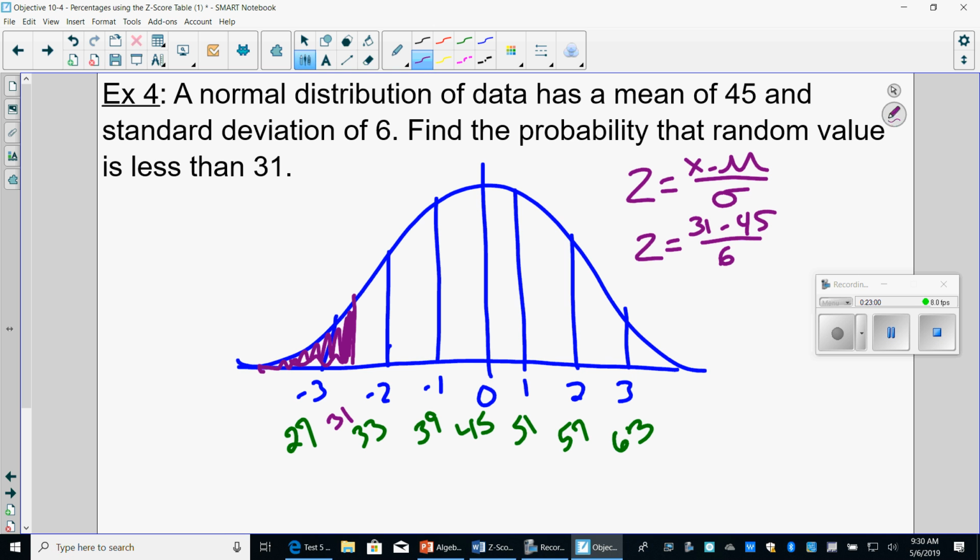So when we do that, what is your z-score rounded to the nearest hundredth? 31 minus 45 divided by 6 is negative 2.33. That's your z-score.